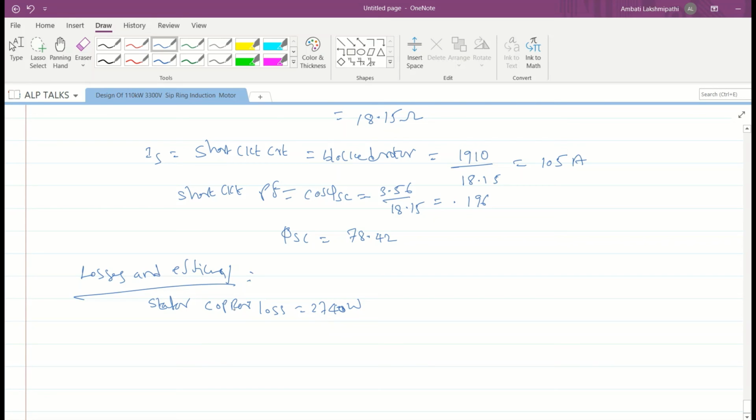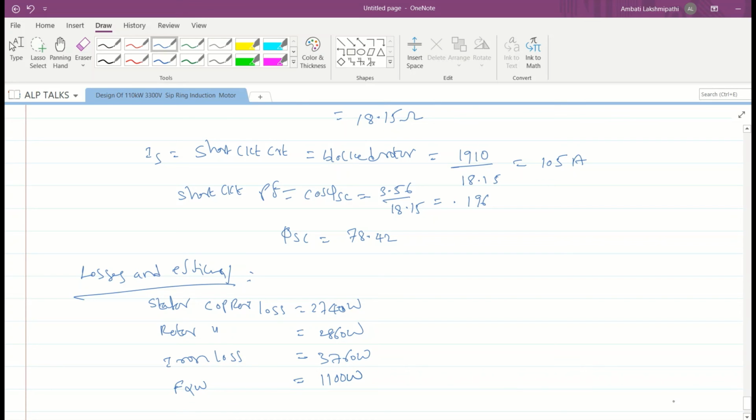Similarly, for the rotor also we have copper loss of 2860 watts, and we have iron loss, the total iron loss, 3760 watts. And friction and windage loss, generally we took as 1% of total output power, so this is 1100 watts.